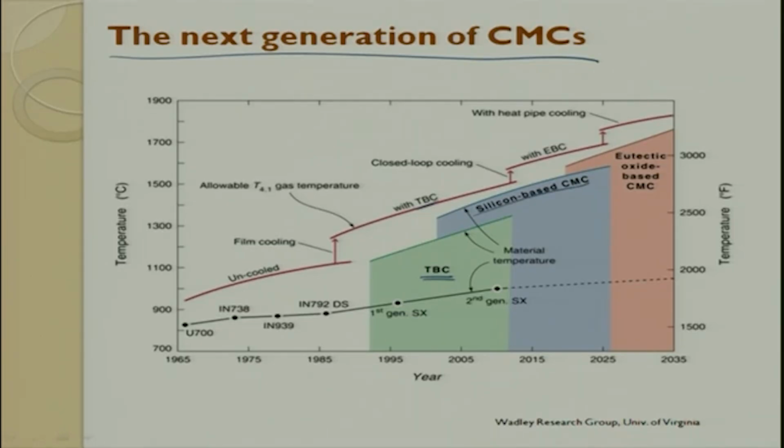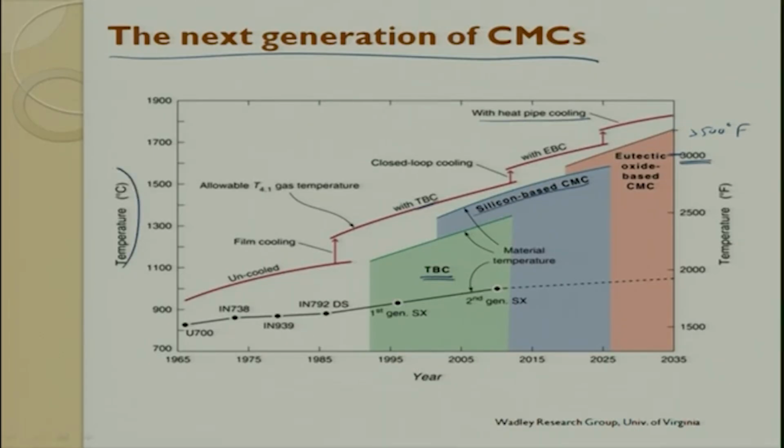Then this will go into eutectic oxide based ceramic matrix composite with heat pipe cooling, which we will try to make. So, you can see these are the ceramic materials which can go up to 3500 degrees Fahrenheit. So, this is what we are looking at.